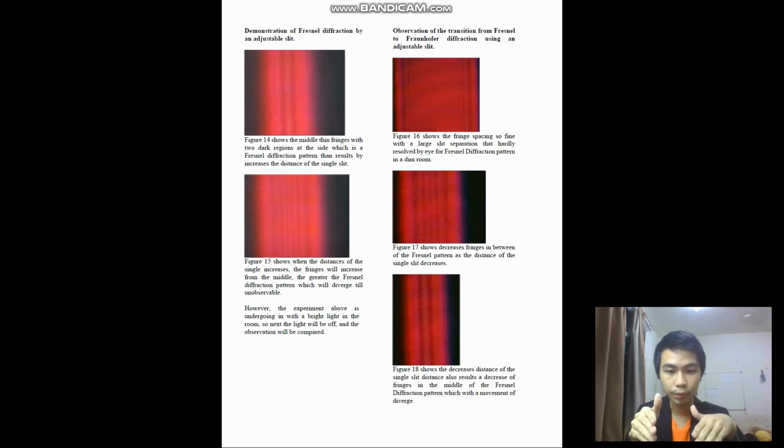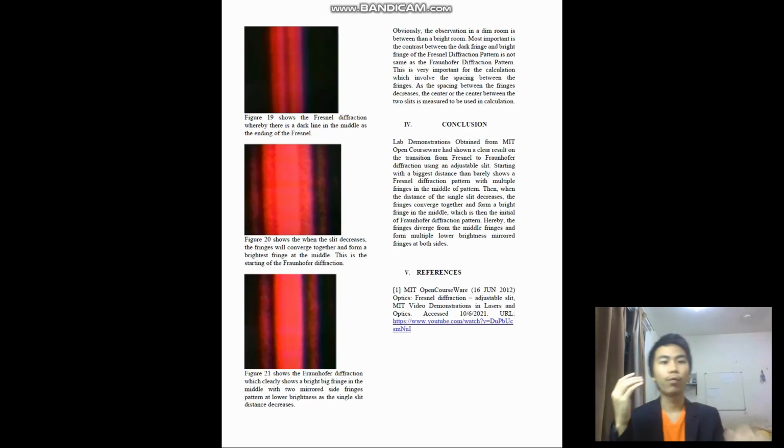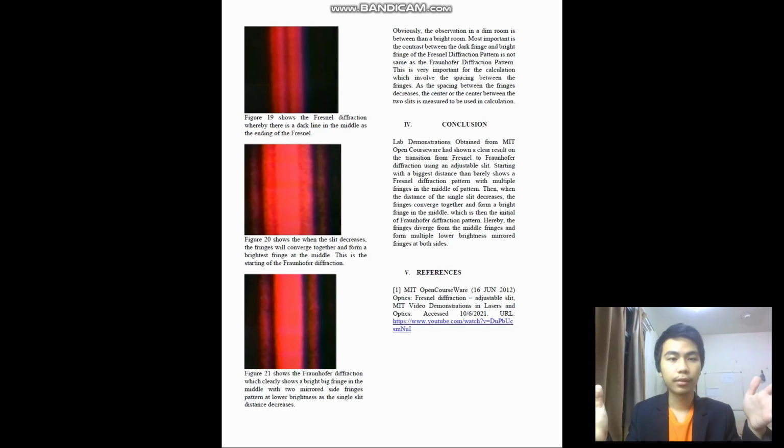This also results from the diverging movement of the Fresnel diffraction pattern. When the distance keeps decreasing, it reaches the end of the Fresnel diffraction, whereby there is only one dark line in the middle.